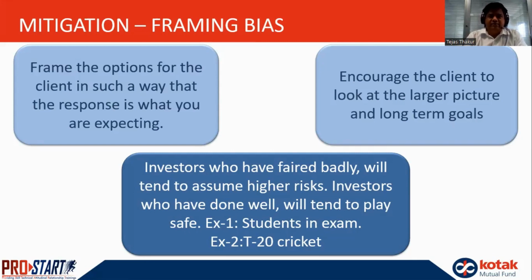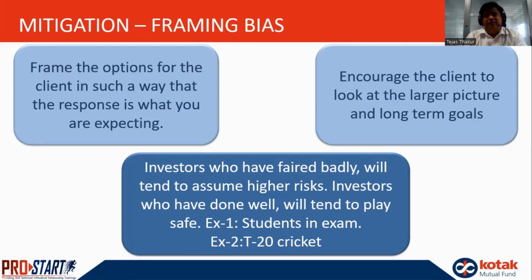So why not take the risk? They and their team have not done well till now, and now they're taking a risk to take it to the next level. Because they know that even if they don't take the risk, they're going to lose the match. If they take the risk and get out, they're going to lose the match. But if their risk pays off, then they might end up winning the match.